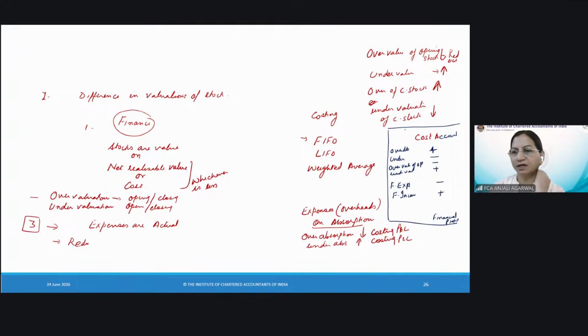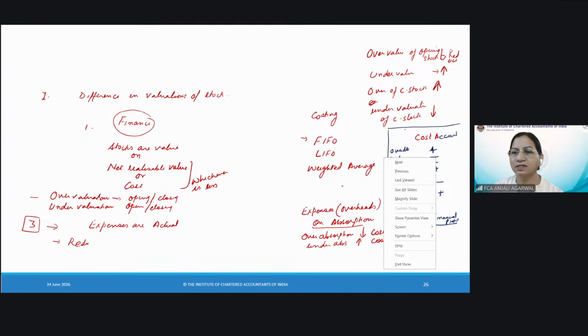So why are we subtracting the financial expenses, adding the financial incomes? Wherever the financial profits have increased, we have also increased. Wherever the financial profits have decreased, we have also decreased. However, if the costing profit and loss account has gone down, we have increased. And if the costing P&L account has gone up, we have subtracted.